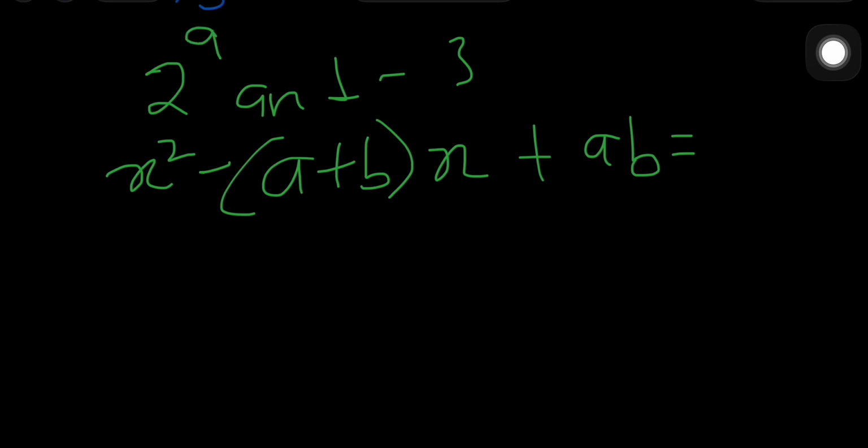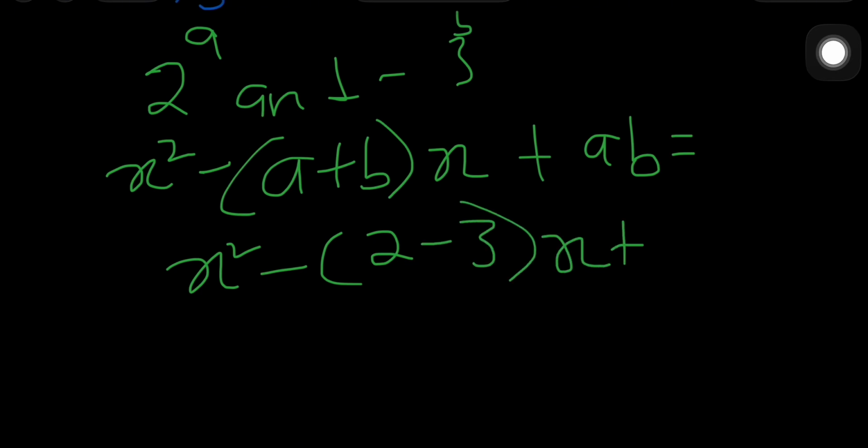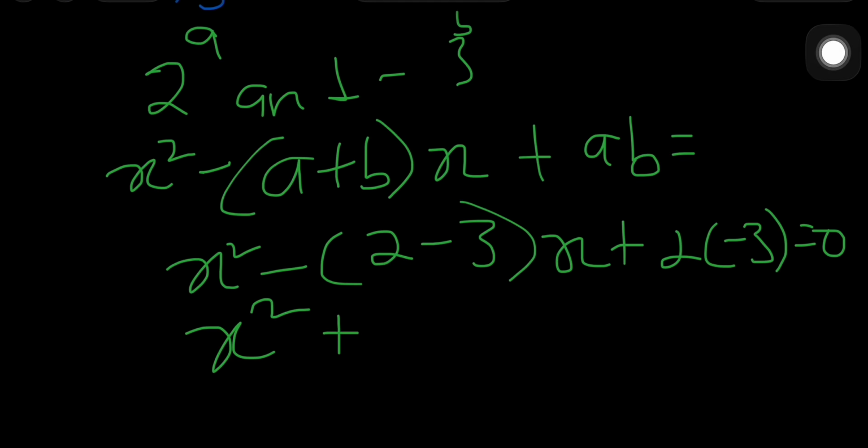So you just substitute a and b into the formula. That will be x squared minus (2 minus 3)x plus 2 times -3 equals 0. This is x squared, -1 in the bracket, multiplying the negative outside, so plus 1x, which is x, minus 6 equals 0.